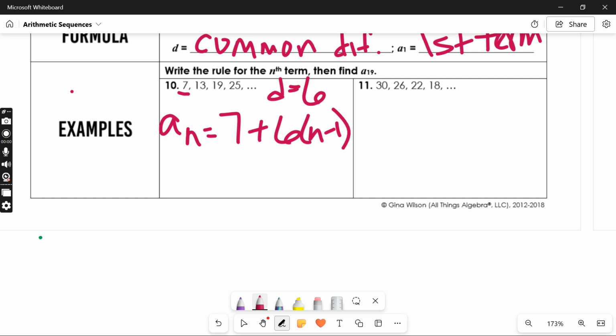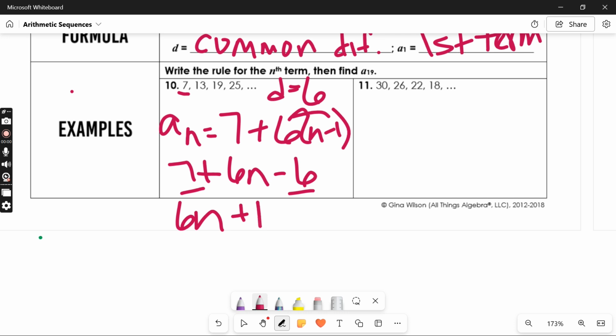Once I've filled in my formula, I need to distribute my common difference. So that's going to be 7 plus 6 times n is 6n, and 6 times -1 is -6. Then I'm combining my like terms. So this will be 6n, and 7 plus -6 is +1.